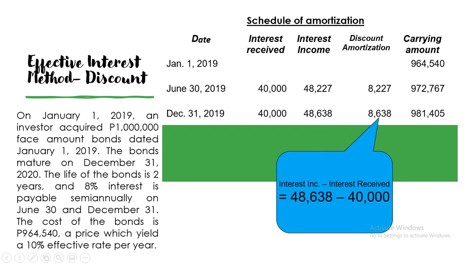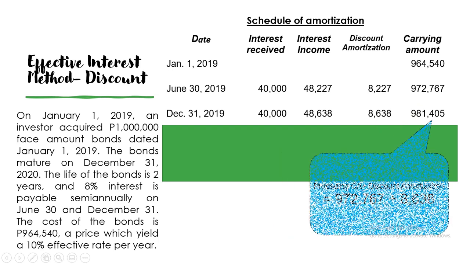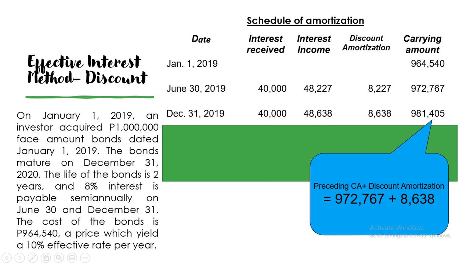Then the discount amortization is just the difference between the interest income and the interest received. And the carrying amount is the carrying amount from the preceding date plus the discount amortization.